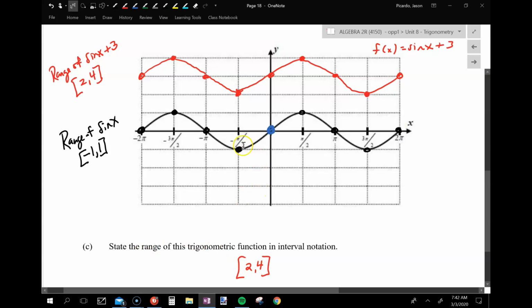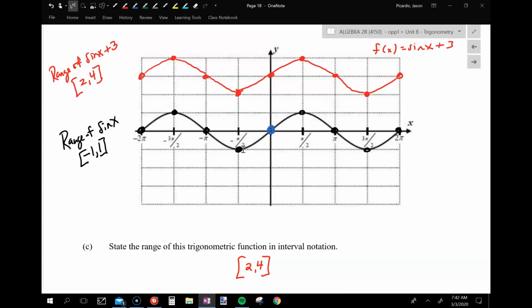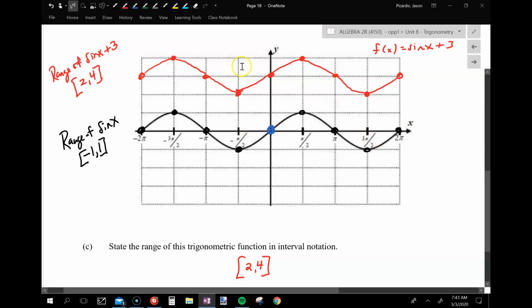Guys, let me ask you this: do you guys agree that all sine curves that aren't shifted and all cosine curves that aren't shifted have a range of -1 to 1? Okay. So if I gave you a question about range, do I really need to graph it and shift it to answer that question if I know it's been shifted up 3 units?